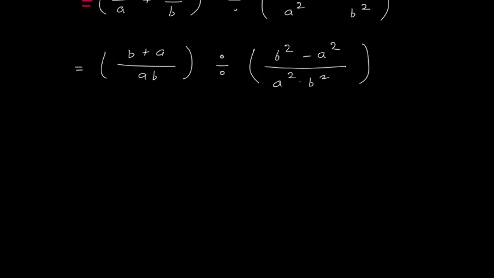Now this is equal to a plus b whole divided by ab. Now this division will convert into multiplication and we reciprocate it, so it becomes a square into b square whole divided by b square minus a square.